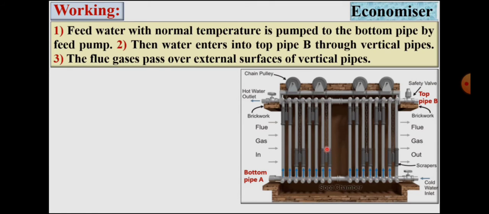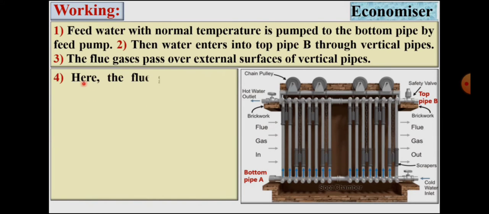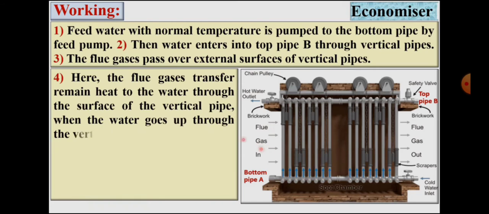So water is in the pipes and flue gases are over the external surface of the pipes. The flue gases transfer their remaining heat to the water through the surface of the vertical pipe as the water goes up from the bottom to the top pipe.